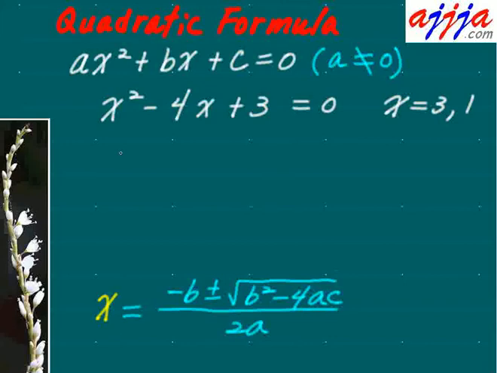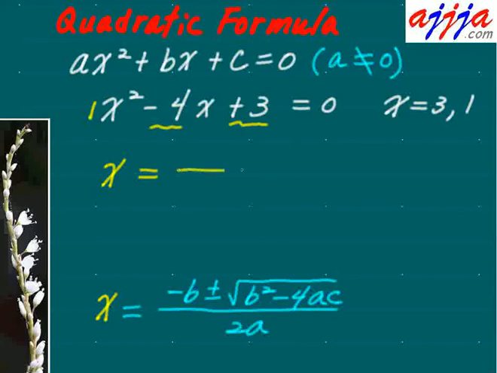Also, we can use this formula right here. We have to know A, which is right here, 1. What about B? This is B, this one is C. So 1, negative 4, and 3. Let's plug them in.